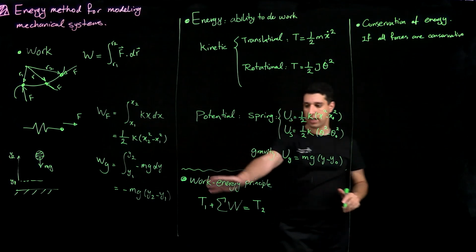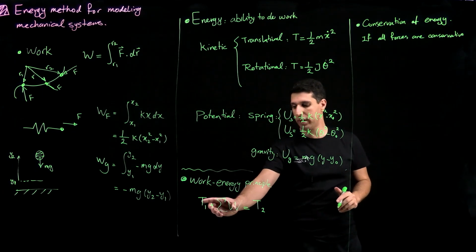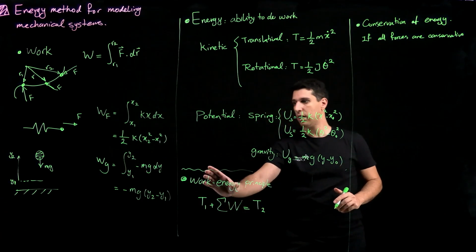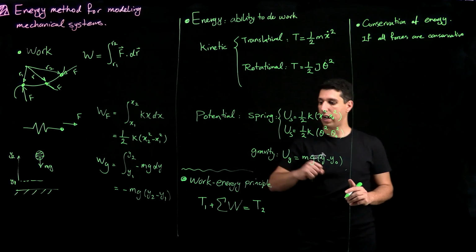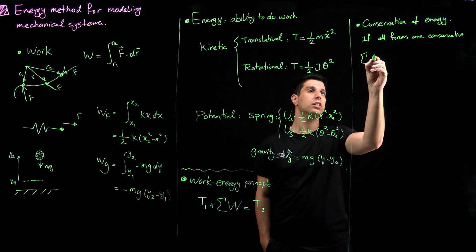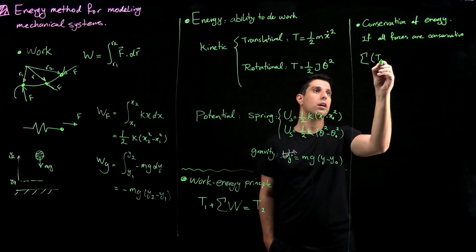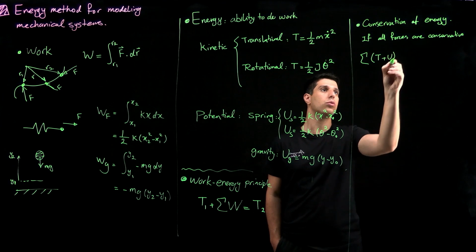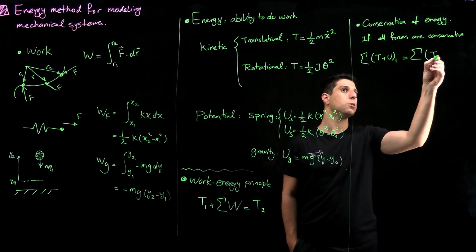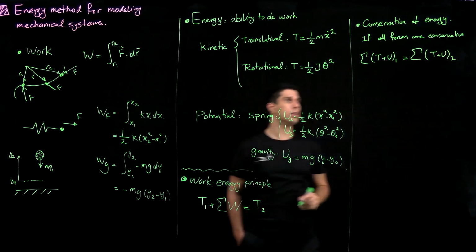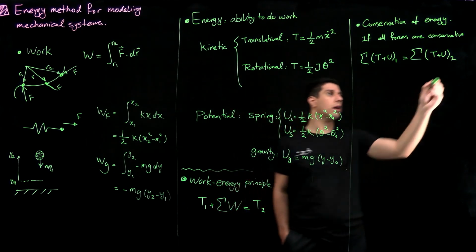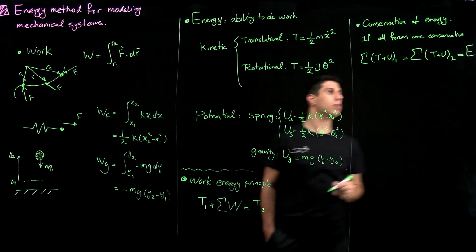In this case, this W will be the work of all conservative forces, which we saw means the work is stored as potential energy. So in this case, the total energy T plus U in one state equals the total energy T plus U in the final state. And that is the total energy of the system.